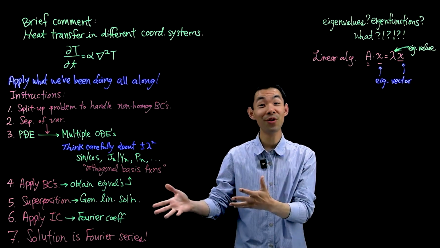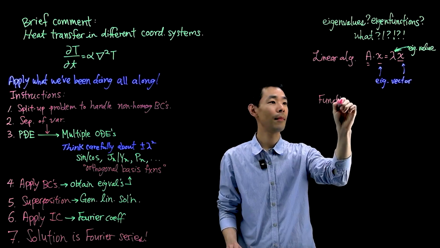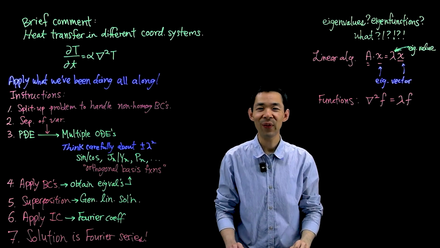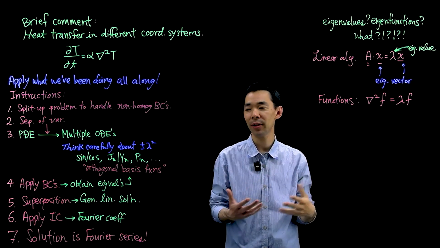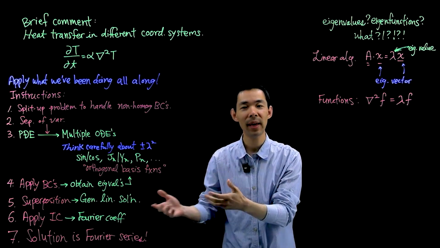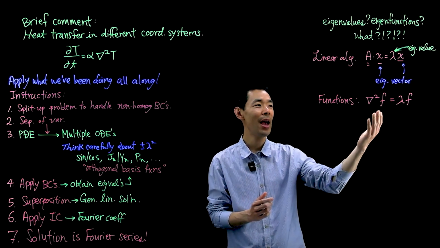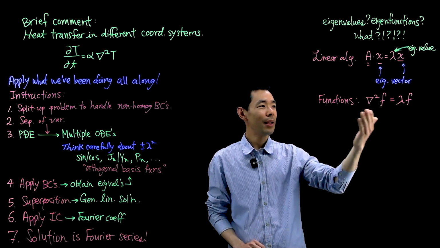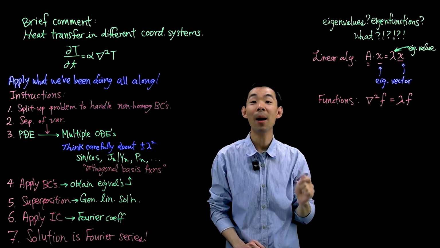It turns out that functions can also have a very similar mapping to what we're talking about here. The only difference is that we no longer have a vector x, but it's some function, the function you want to obtain. Temperature profile, concentration profile, velocity profile, f. The A matrix is replaced by an operator.